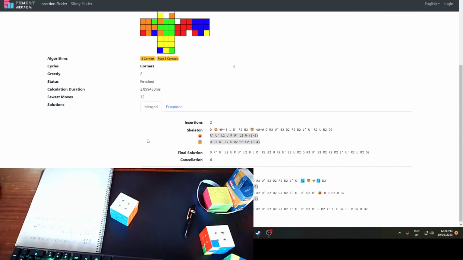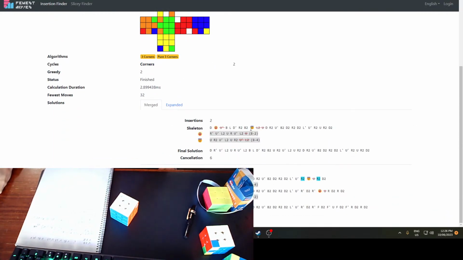It gets a 32. So the 8 minus 4, yeah, B2, L2. So that was actually optimal. But I didn't find that insertion, which would have only saved 2 moves.